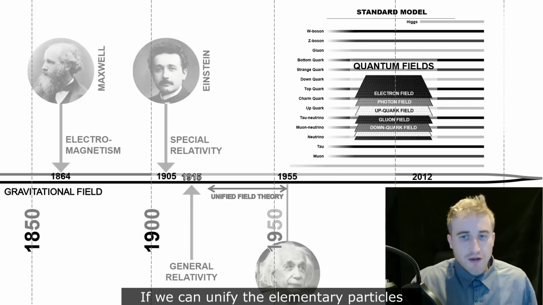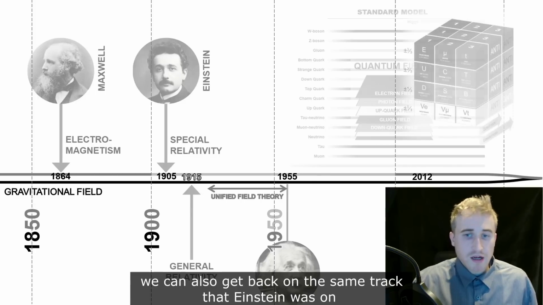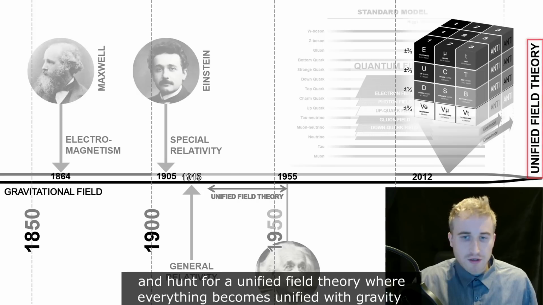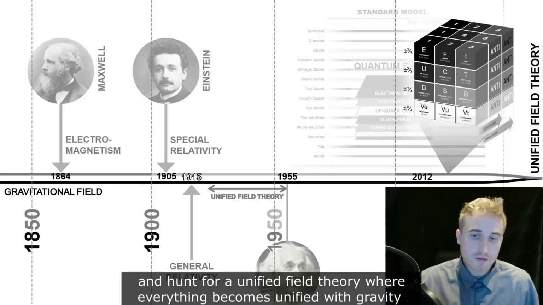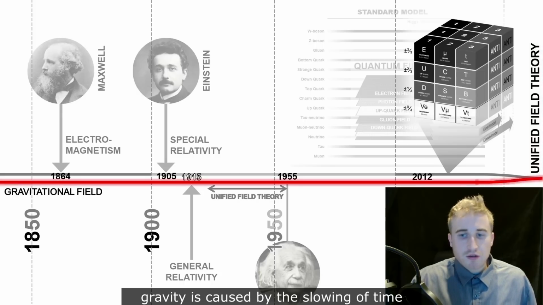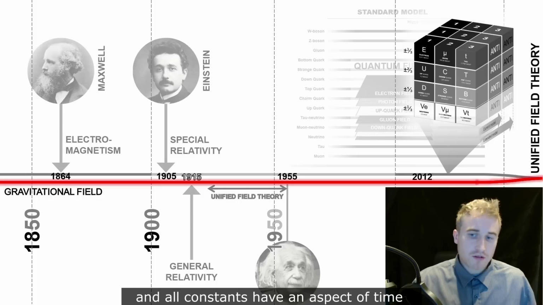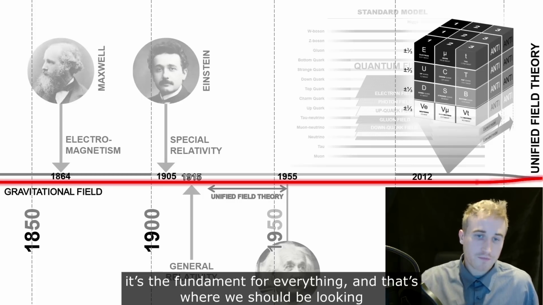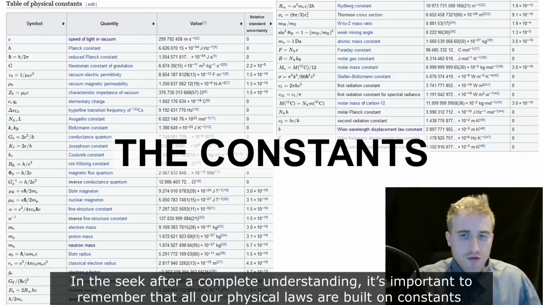If we can unify the elementary particles, we can also get back on the same track that Einstein was on, and hunt for a unified field theory, where everything becomes unified with gravity. Gravity is caused by the slowing of time, and all constants have an aspect of time. It's the fundament for everything, and that's where we should be looking. In the seek after a complete understanding, it's important to remember that all our physical laws are built on constants.